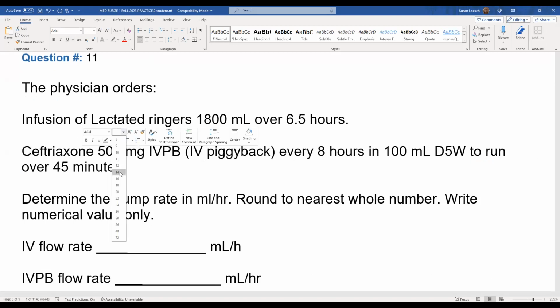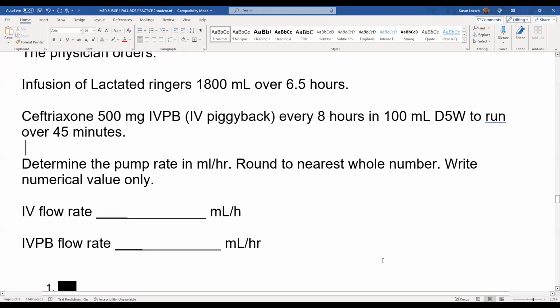How about this one? So two answers you got here, the regular IV rate and the piggyback rate. All right, where we at?